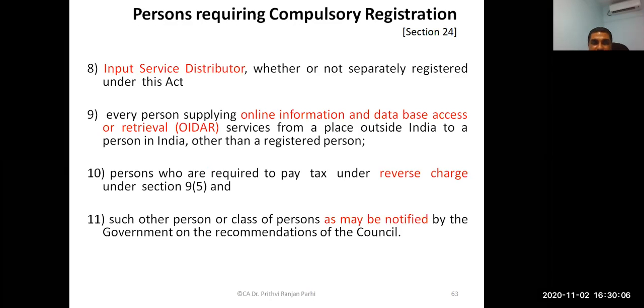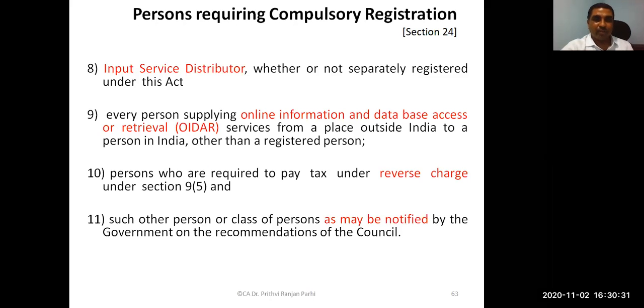Input service distributors are also required to get themselves registered. Input service distributors take credit on their inputs and distribute it among their other verticals of the business. They are called input service distributors, and they are also required to get themselves registered.